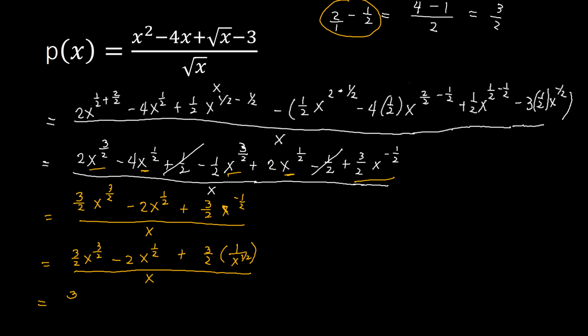Or we just simply do our dividing by the reciprocal of this so that it will be a lot easier for us. So this will be now 3 halves times x to the power 3 halves, and then minus 2 times x to the power 1/2, and then plus 3 halves times 1 over x to the power 1/2.